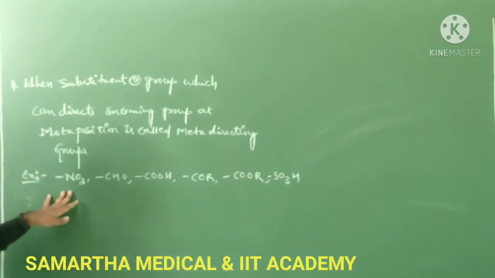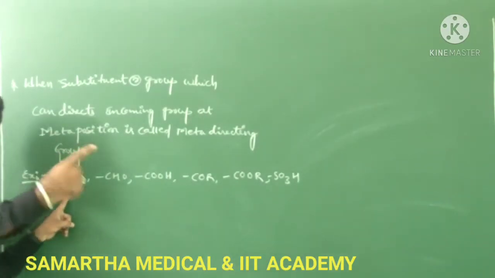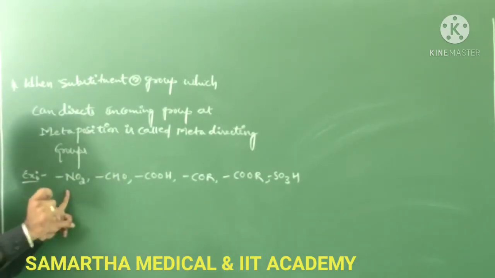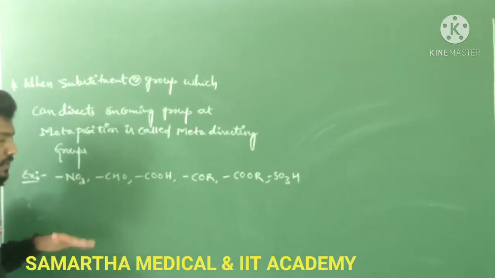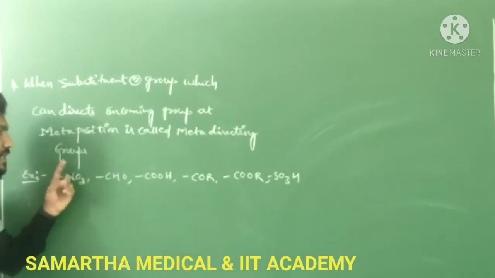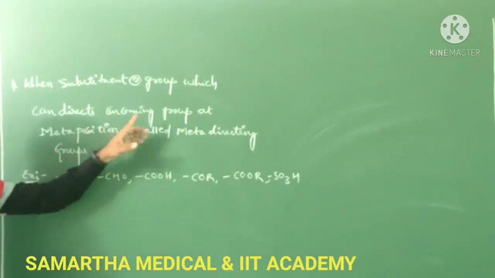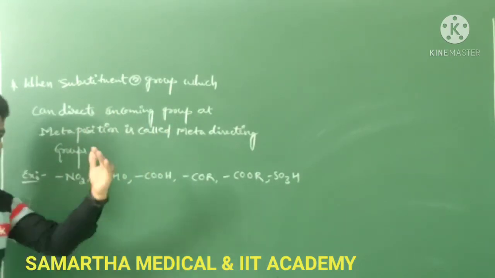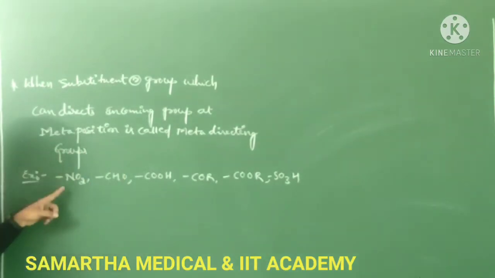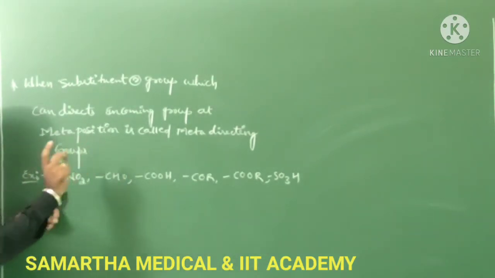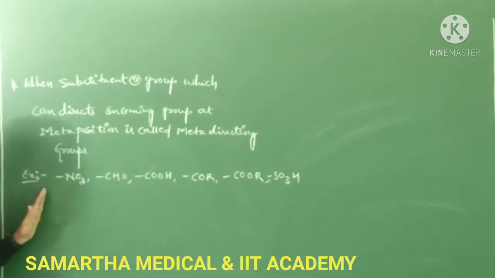These groups present in a ring direct the incoming group to the meta position rather than para and ortho. That is why we call such a group a meta directing group. Their major role is to direct the groups that want to come to the ring to the meta position.